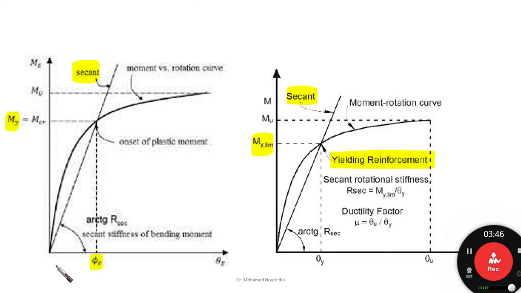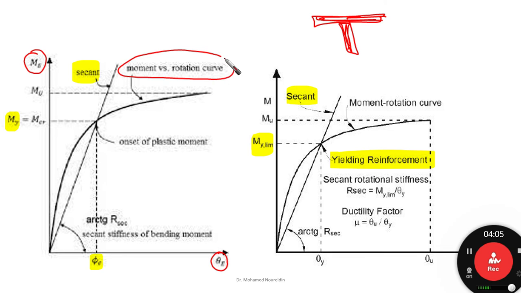Consider this is the relation between moment and rotation of whatever you have, a T section wall, for example. Let's assume something like this, and the moment rotation relation is given by this curve. This is what we call the moment versus rotation curve.